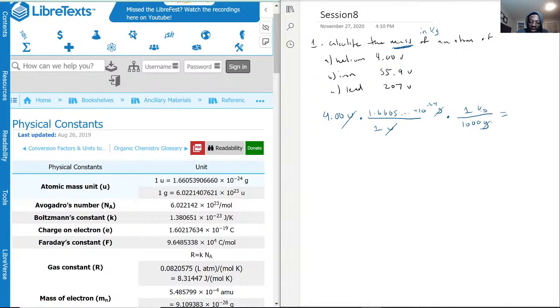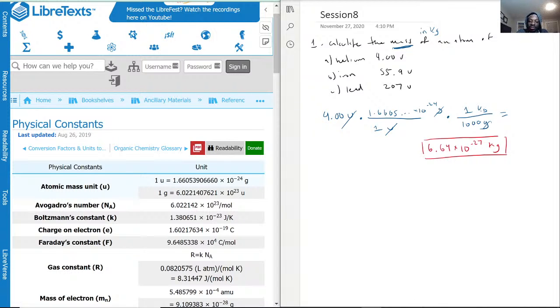Using the same number of significant digits as the 4.00, we get 6.64 times 10 to the negative 27 kilograms for 4 atomic mass units of helium.